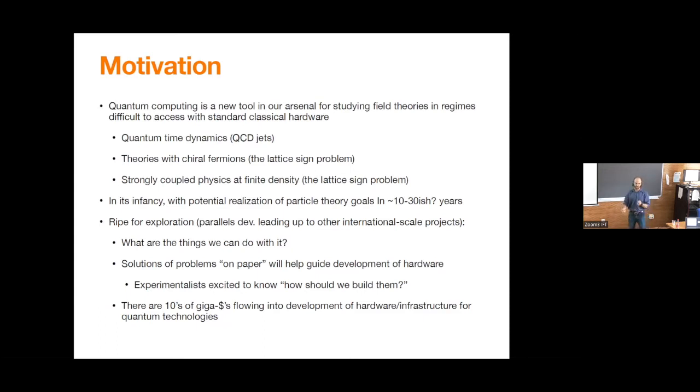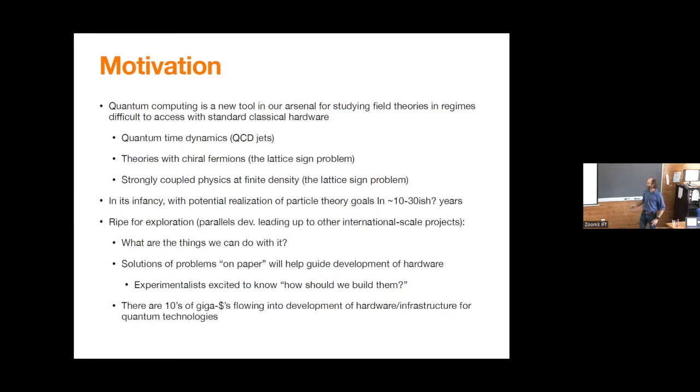And additionally, there's feedback and crosstalk between theorists and experimentalists. Maybe we have some great idea that would not be possible given the current trajectory of the quantum information science and computing field, but maybe that helps steer development of experiment in the direction that would best help us.